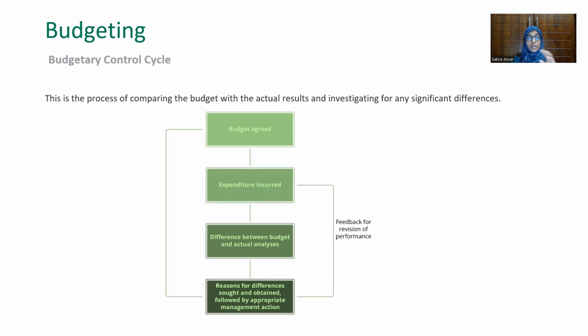Thereafter a new budget will be agreed upon, and then again the agreed budget will work. So this is a continuous process in a company, and it is very important in controlling resources.